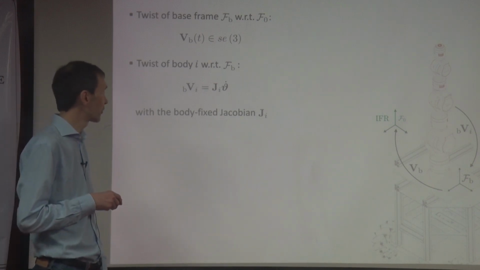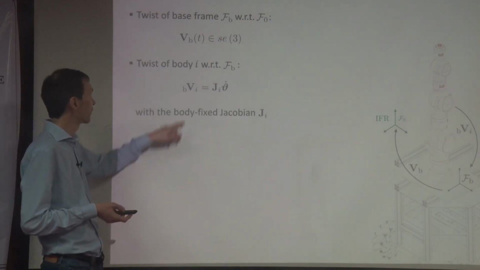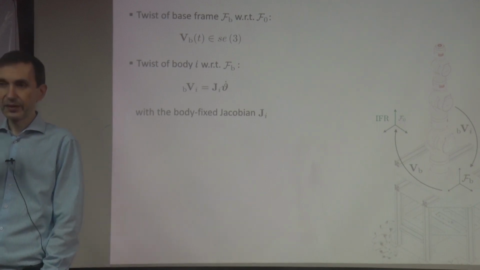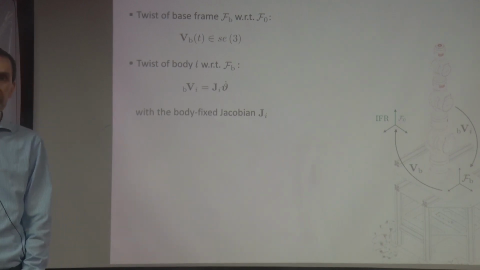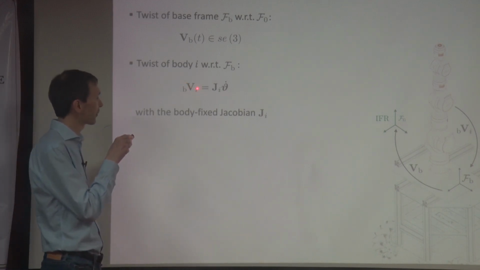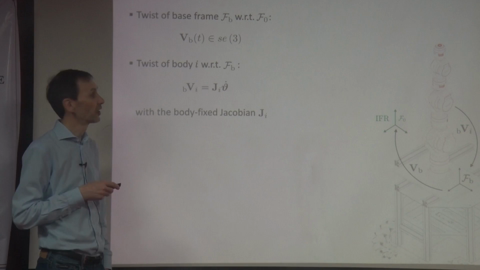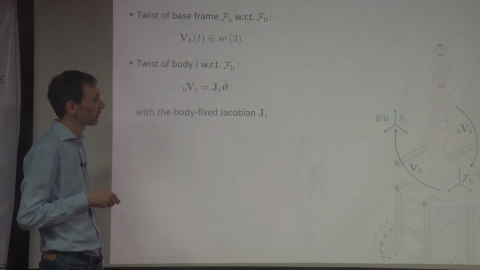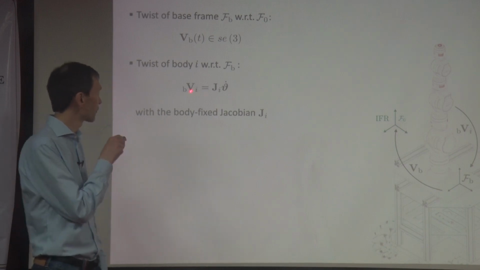We need a notation for this, and let's call it BI. Remember, this is like the position vector, going from B to I, or the other way of saying it, I relative to B. So body I, link I in our kinematic chain, relative to the base, and the velocity is just this.